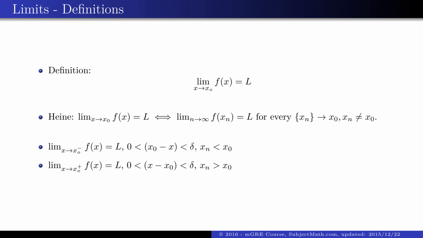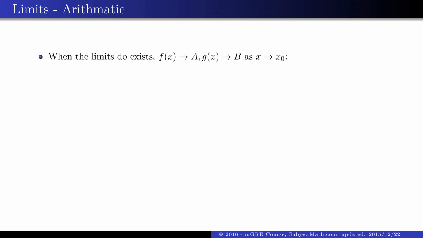It follows from the definition that the two-sided limit, the regular limit, is L if and only if both one-sided limits are L. When the limits do exist, we have a few arithmetic operations that we can apply on both f and g.